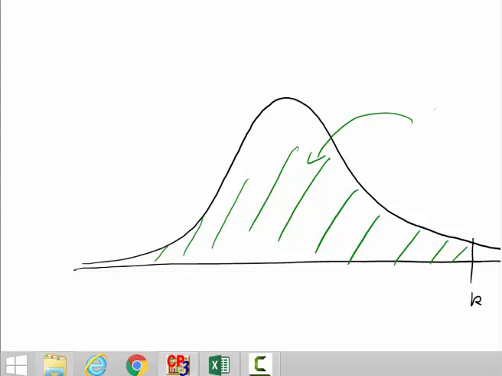So this is 95% of the area under the standardized normal distribution, right? So we want to find out what that K is. So how do we do that?